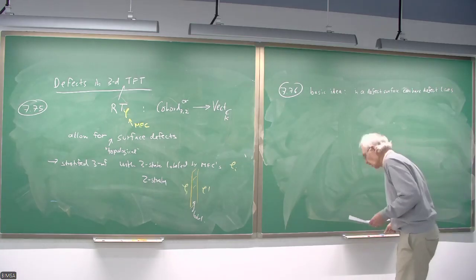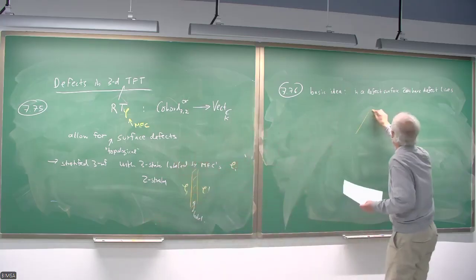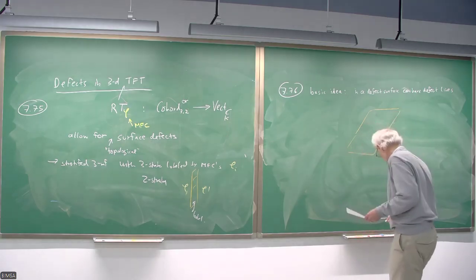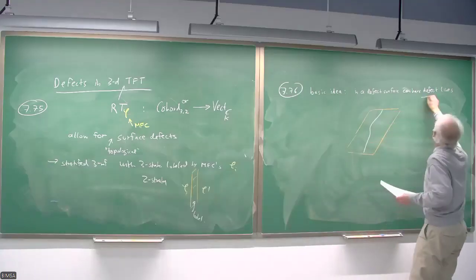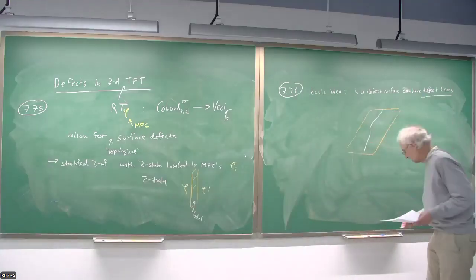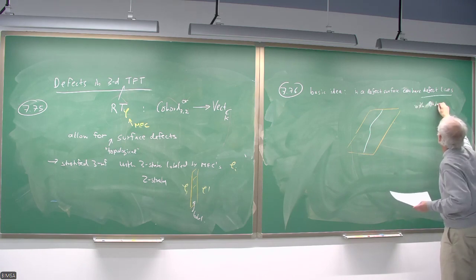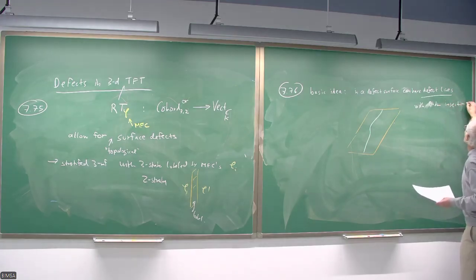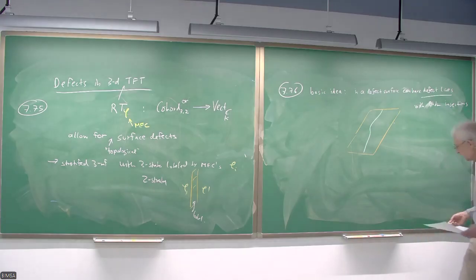So we have inside this two-dimensional stratum, we can have some defect lines, but also we can have defect insertions, so zero-dimensional insertion, which is a conformal field theory situation where what we call defect fields.